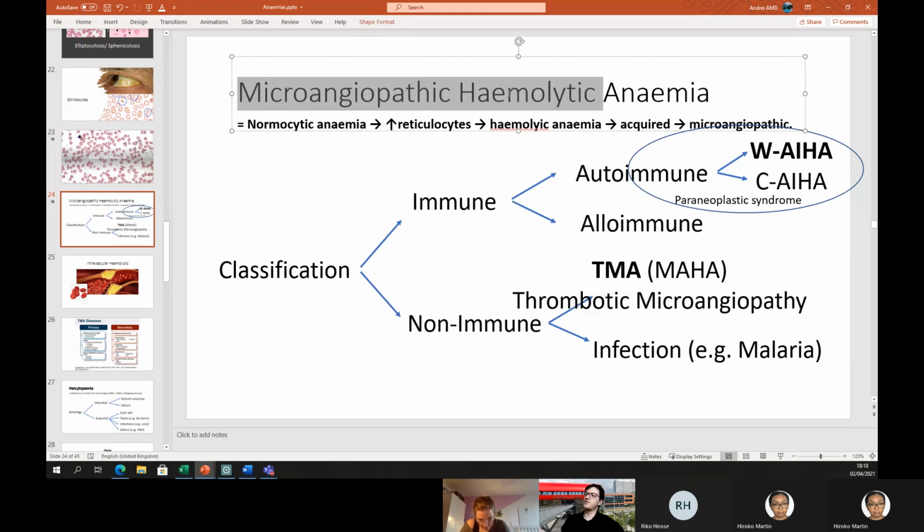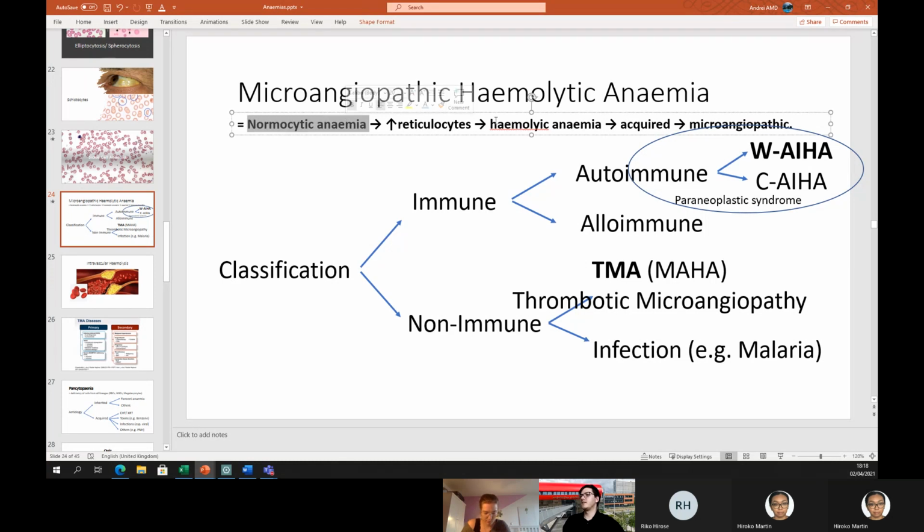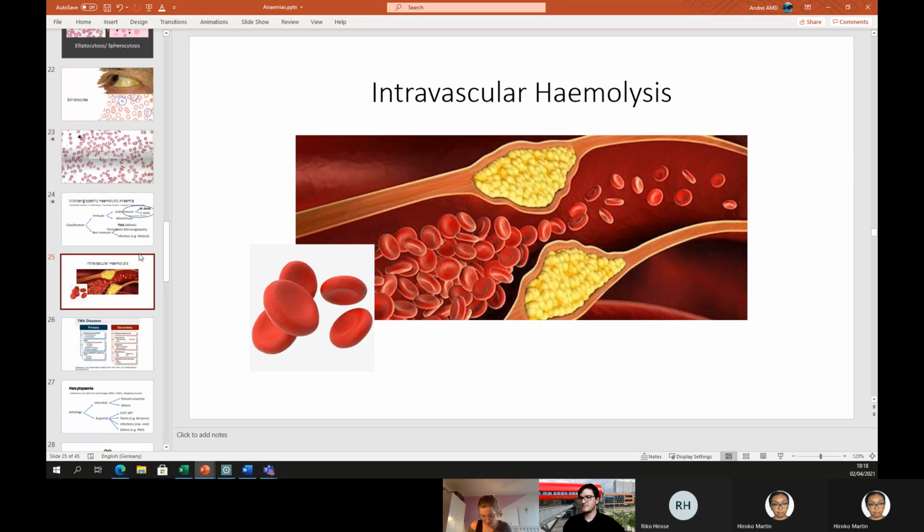What kind of anemia is microangiopathic hemolytic anemia? It's a normocytic anemia under the category of hemolytic anemias. It's acquired and it's microangiopathic. And in the bloodstream, you see increased reticulocytes because the bone marrow is okay and it's trying to make up for the losses.